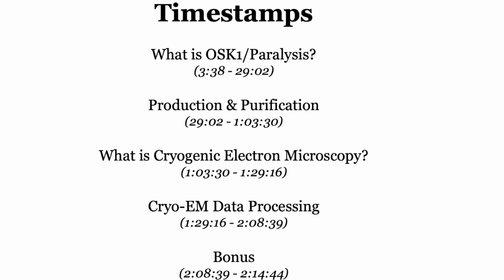The sections are: initially going over what is OSC1, what is this toxin, how does paralysis work, how does motion work, then the actual production and purification of this toxin and the receptor, then delving into what is electron microscopy or cryo-EM, and lastly going through the data analysis, and I also have a little bonus section at the end. Well, let's just dive straight into it with what is OSC1 and how does paralysis happen.